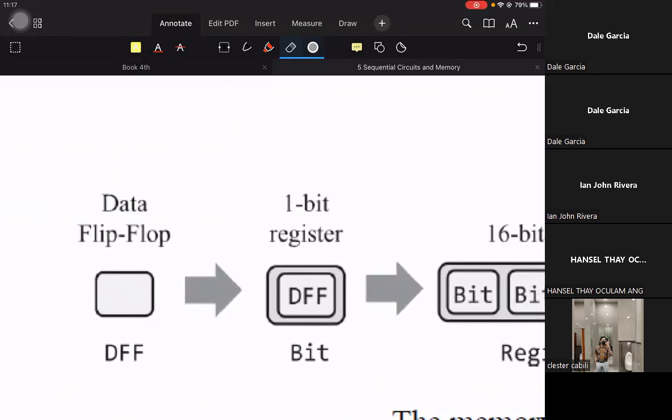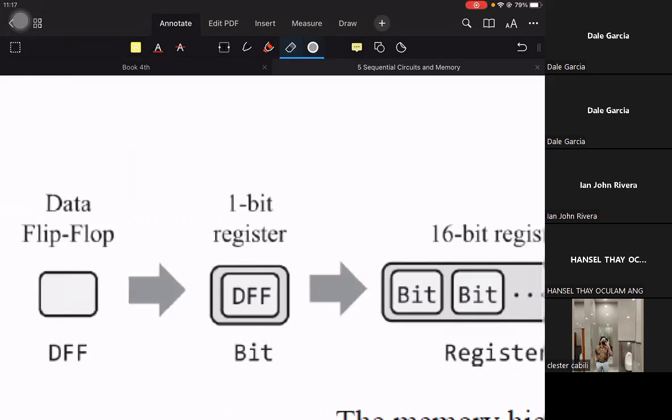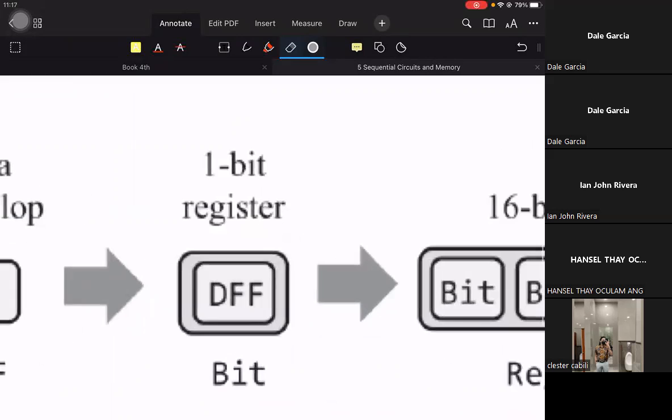So we start with the D flip-flop, and then the D flip-flop is what makes our 1-bit register. Actually, there's only a small difference between a D flip-flop and a 1-bit register. If you observe our simple visual, the 1-bit register is made up of only one D flip-flop.